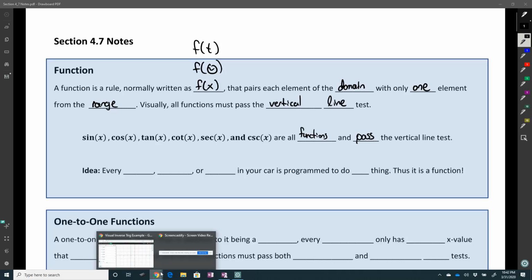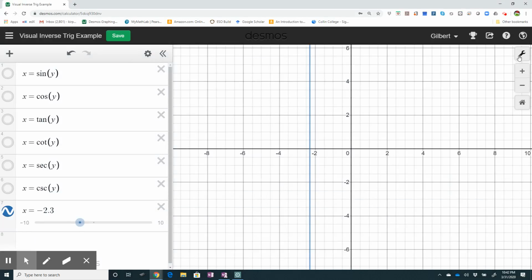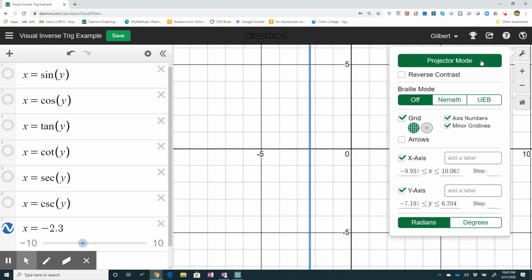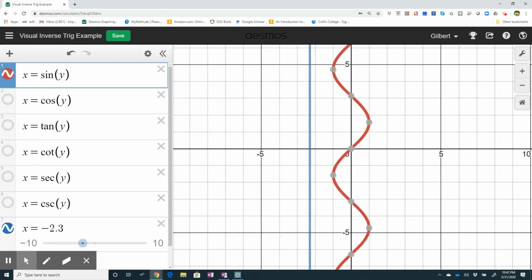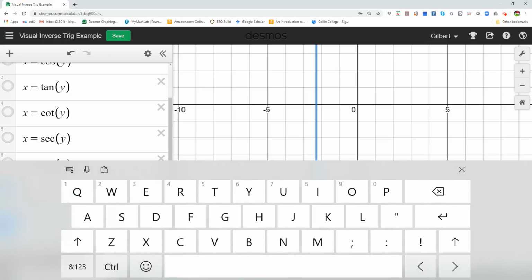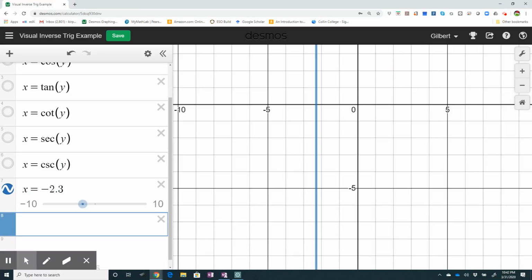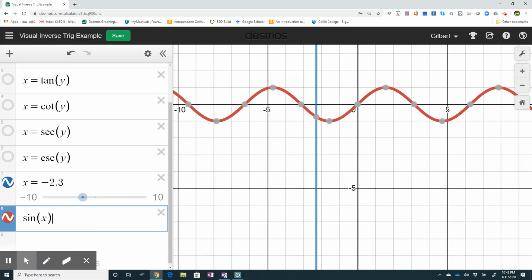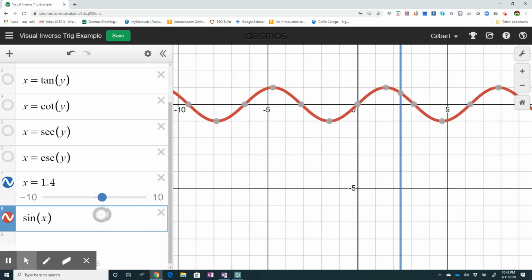So if I go to Desmos, I can show you pretty much all the trig functions. Oh, wrong one. Let me write it the other way. So if I have sine of x, notice that that passes the vertical line test no matter where I drag the line. It only crosses it once.